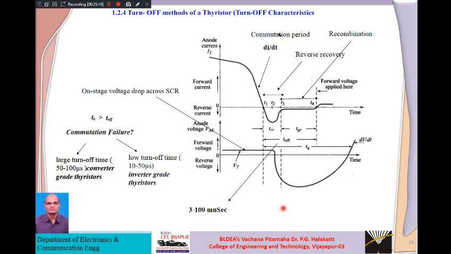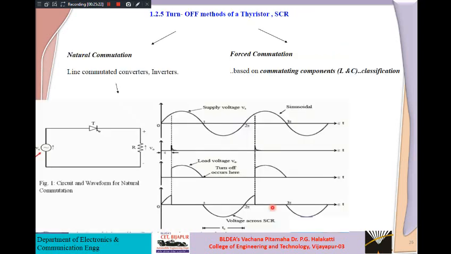After understanding the turn off time of SCR, we'll quickly go through the two types of turn off methods of SCR. One is where the SCR turns off naturally, that is known as natural commutation. Another one is forced commutation.